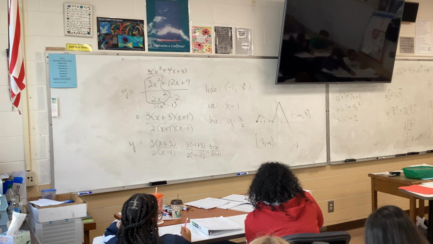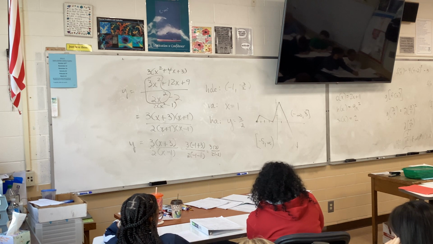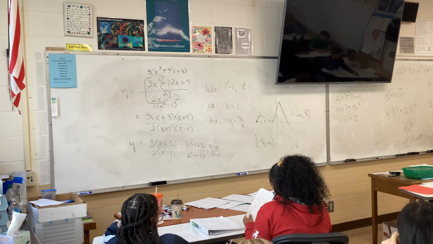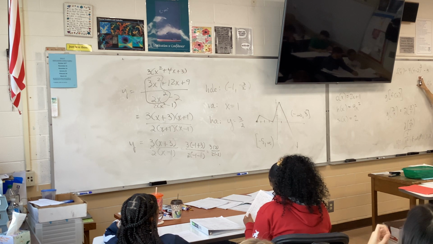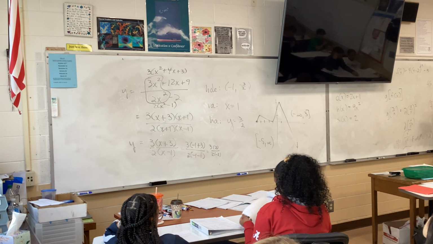So the 2 moves us 2 to the right, and the 3 moves us down 3. Yep. That shape will be very much like a cube shape, but you're not required to know that. It wouldn't make any difference what that was. The impact, that would be a parabola, but the impact is the same. No matter what the function is, the impact is the same of those two numbers.